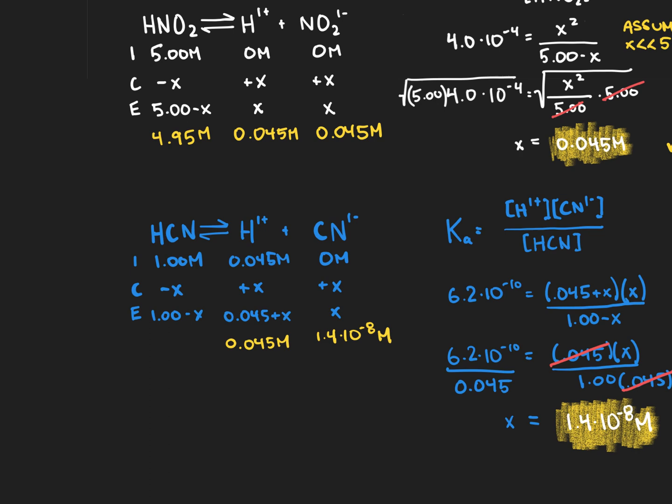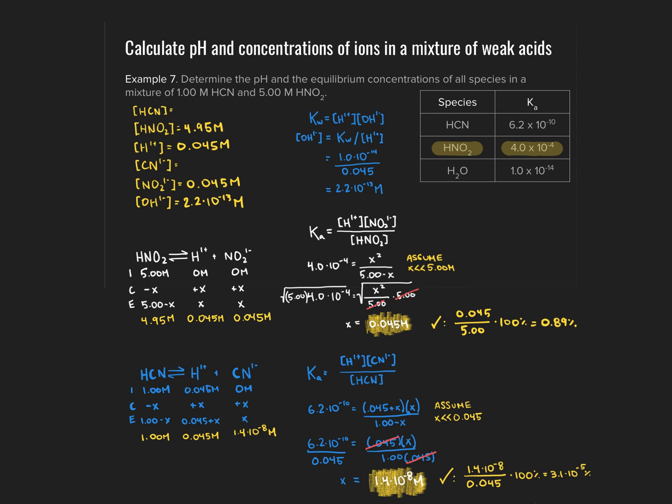So that one's going to remain at 0.045 molar. And the HCN's concentration of 1 minus x is essentially unchanged at 1.00 molar within the sig figs which we can measure. So I now have the concentrations of all species present in my system.